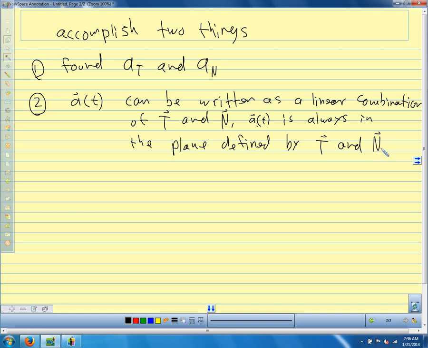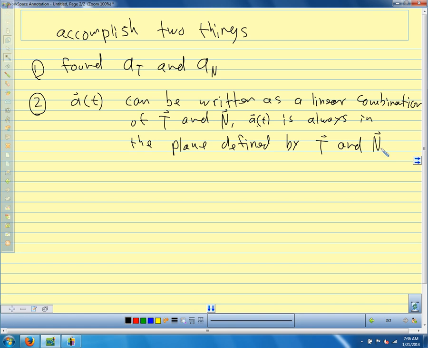So there are no components of acceleration that are going to take us out of that plane. So our acceleration is always contained in the plane that's defined by T and N. And because of the way we define T and N, they're two vectors, so they're always going to define a plane. So our acceleration is always going to be in that plane defined by T and N.